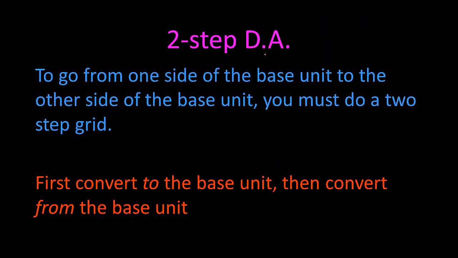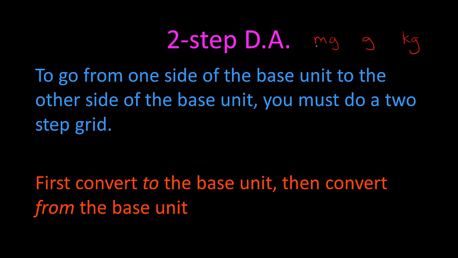All right, in a 2-step dimensional analysis, DA stands for dimensional analysis, you use 2-step dimensional analysis to go from one side of the base unit to the other side. So let's say we have milligrams, and here's grams, here's our base unit, so we've got less than our smaller gram, and then we've got kilograms, which is a big, okay? This is smaller than 1 gram, 1 kilogram is bigger than 1 gram.